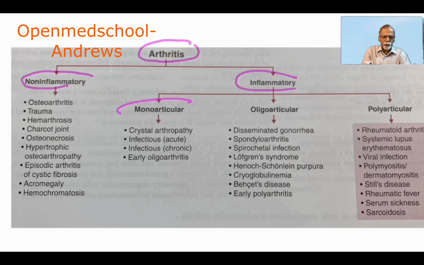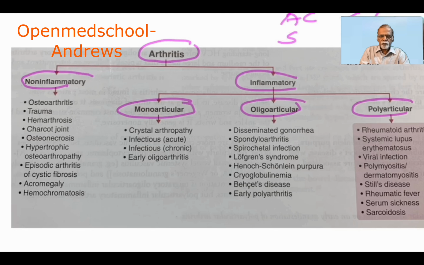Inflammatory: single joint, monoarthritis, oligoarthritis, polyarthritis. Non-inflammatory, a group of conditions are there. And you can add the duration also: acute less than 6 weeks, subacute 6 weeks to 3 months, and chronic more than 3 months.